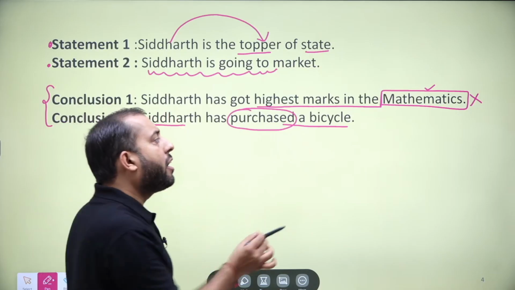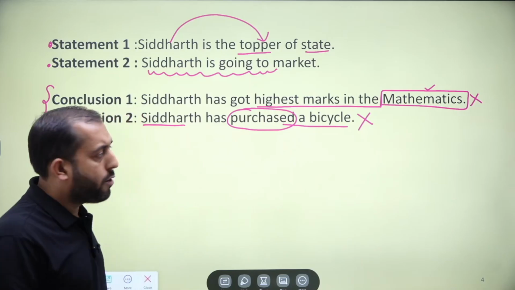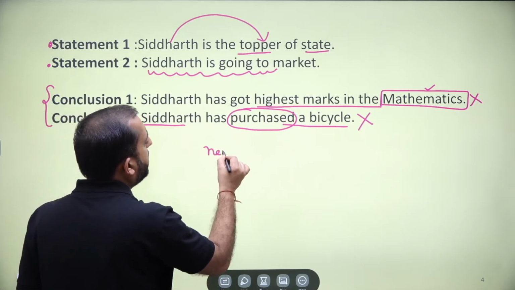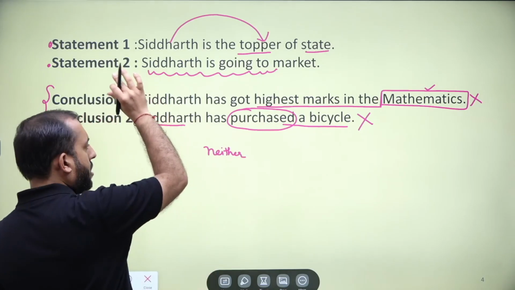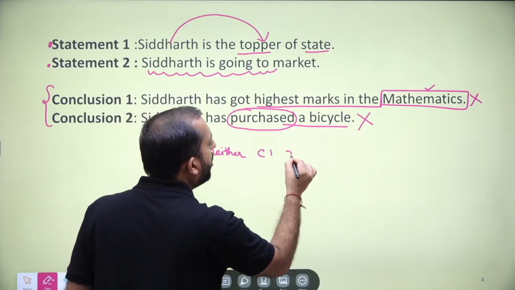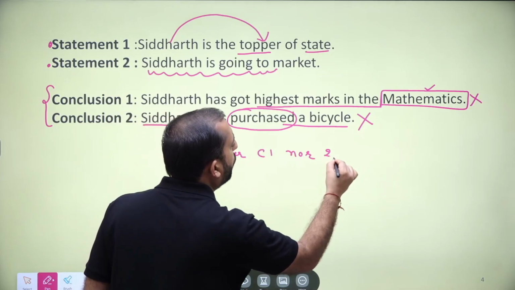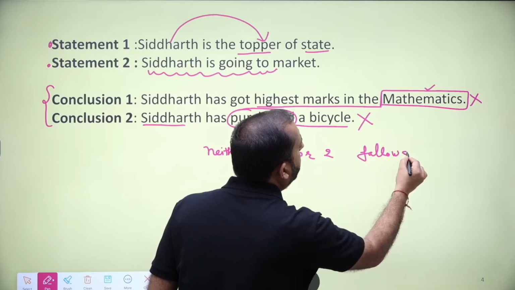That is why conclusion 2 should be invalid again. I hope you got the answer of this problem: neither conclusion 1 nor conclusion 2 follows. This should be the right answer.